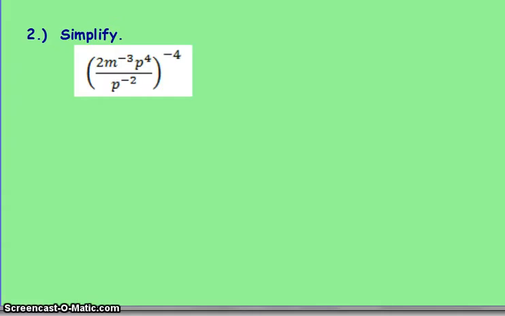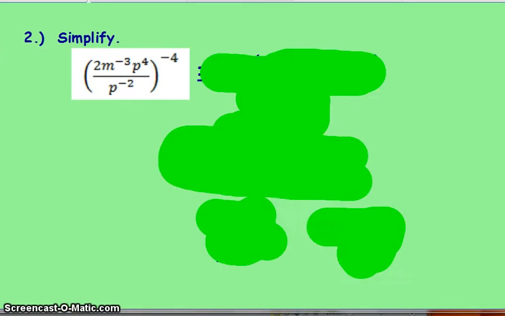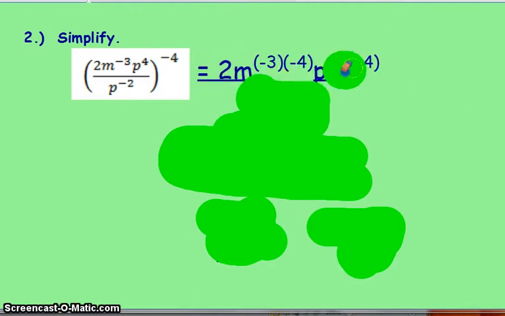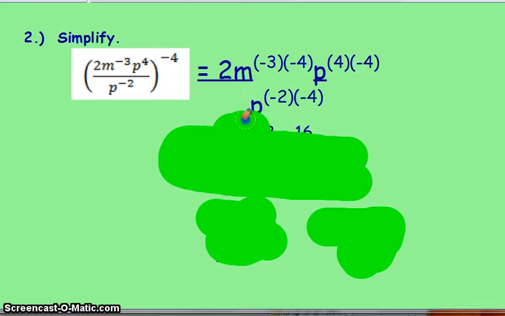Okay, let's look at number 2. So as we look at this expression, we're reminded that in this situation we are raising a power to a power. And so let's start by dealing with this negative 4 that's outside of the parentheses. So we've talked about the fact that this is not the distributive property really, but sometimes it helps people to think of it like that.